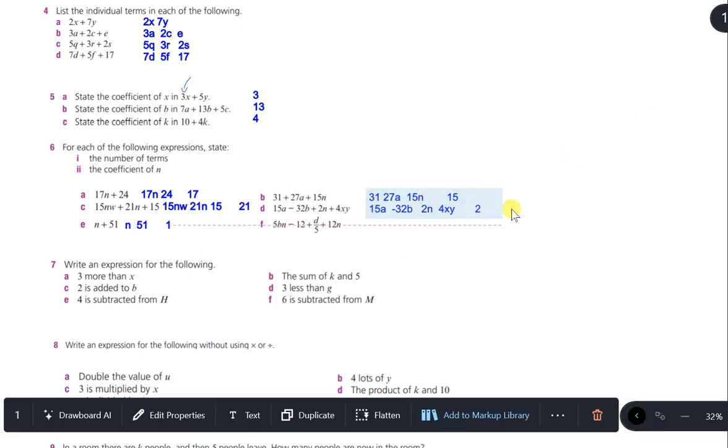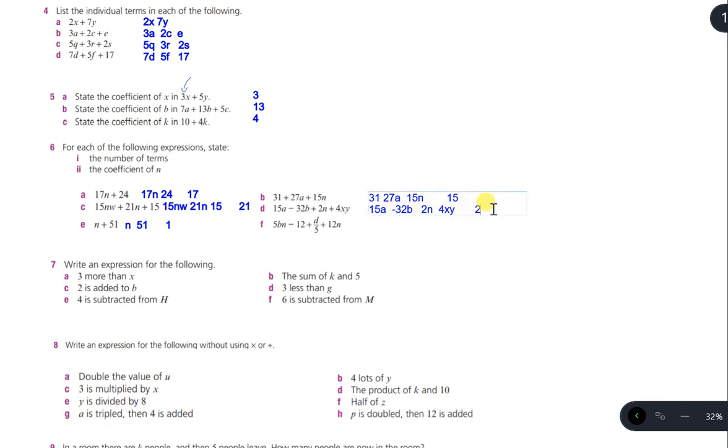And for the last one, there are 5 bn's. There's a minus 12 as a constant. There's a d over 5, which I'm just going to do with a slash. And then there's 12 n's, therefore the coefficient of n is going to be 12.